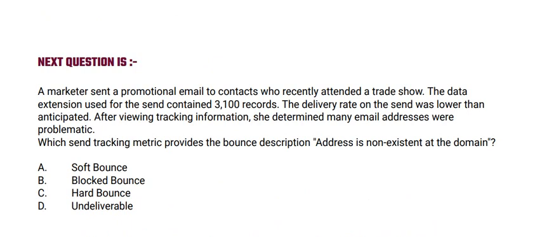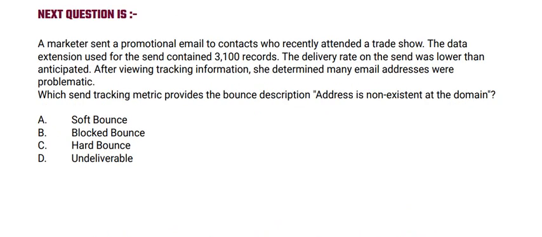Next question is: a marketer sent a promotional email to contacts who recently attended a trade show. The data extension used for the send contained 3,100 records. The delivery rate on the send was lower than anticipated. After viewing tracking information, the marketer determined many email addresses were problematic.